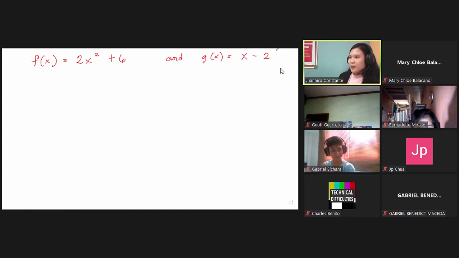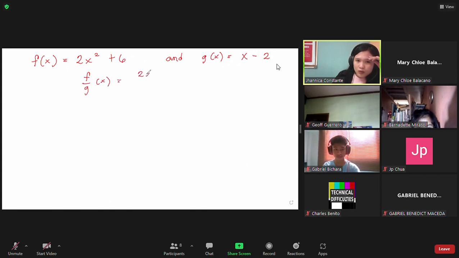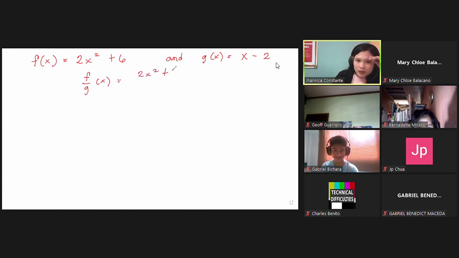So that is the function that we have, 2x squared plus 6 and x minus 2. And we need to find the quotient of the two functions once we divide 2x squared plus 6 by x minus 2.